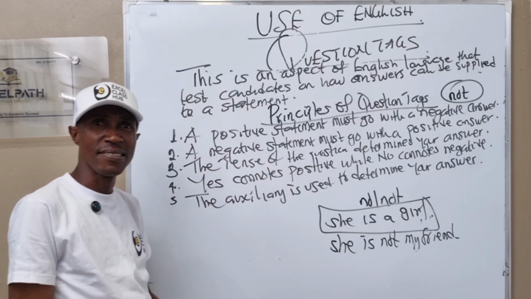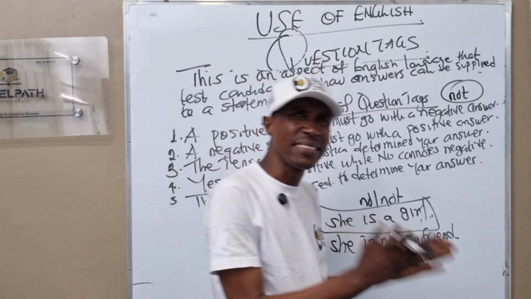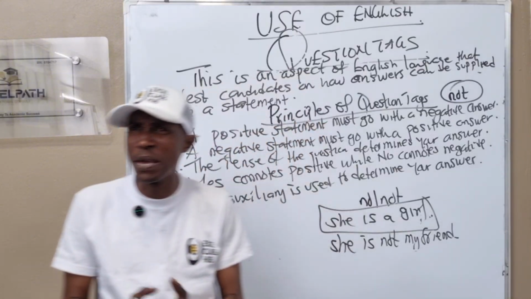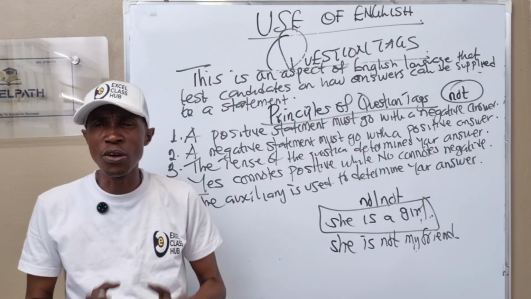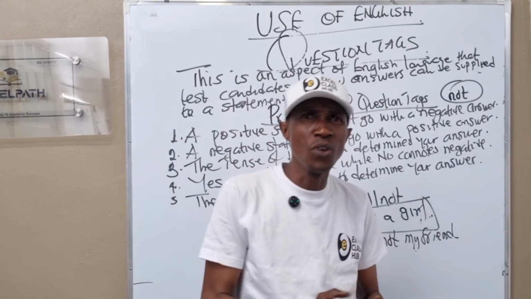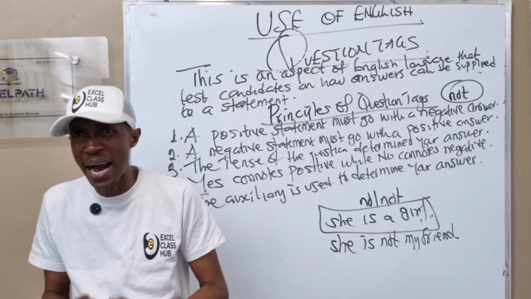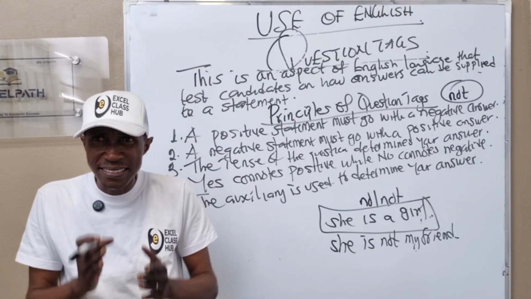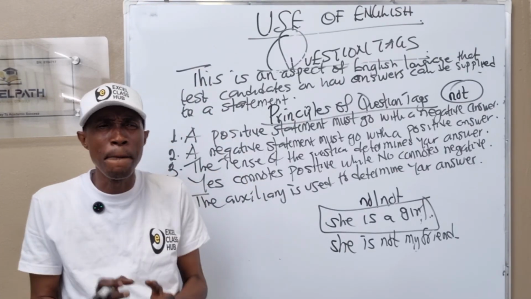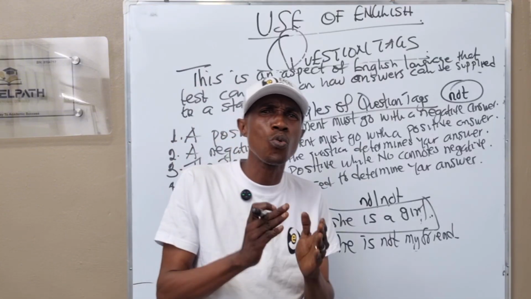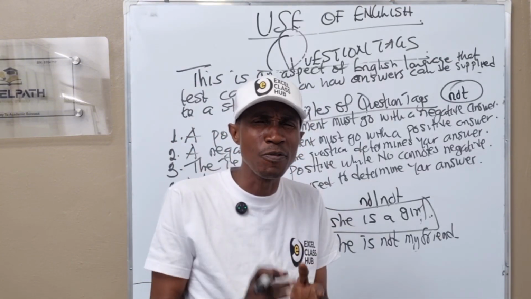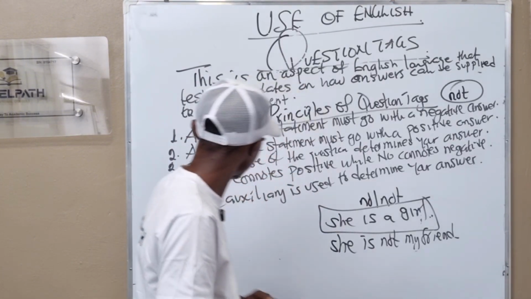What do you mean by the tense? Is the question present tense? Your answer too must be present tense. Is the question past tense? Your answer too must be past tense. So the tense is very important when solving questions under question tags.